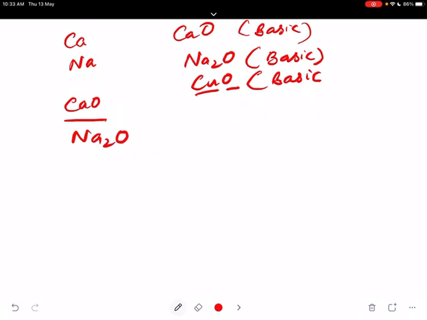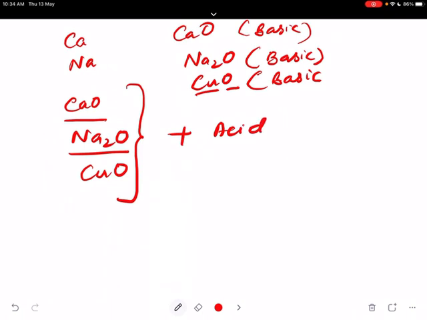Na2O, metallic oxide, basic. CuO, metallic oxide, basic. So these things are basic, they can react with acid. So this is base and that is acid. So you will be getting what? Salt and water.